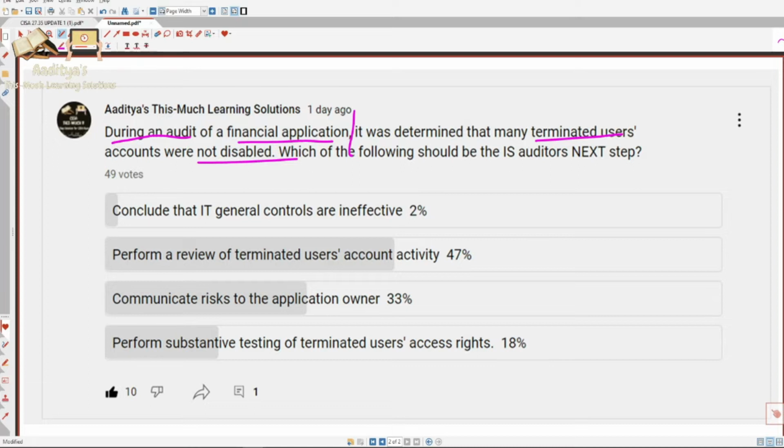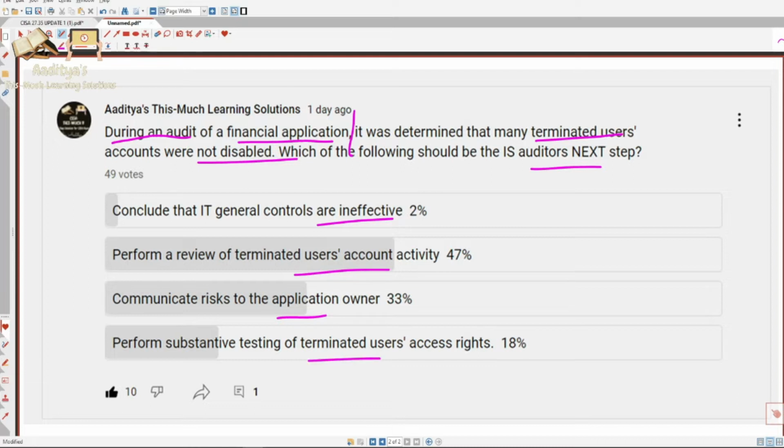Which of the following should be the IS auditor's next step? Option A, conclude that IT general controls are ineffective. Option B, perform a review of terminated users' account activity. Option C, communicate risk to the application owner. Option D, perform substantive testing of terminated users' access rights.